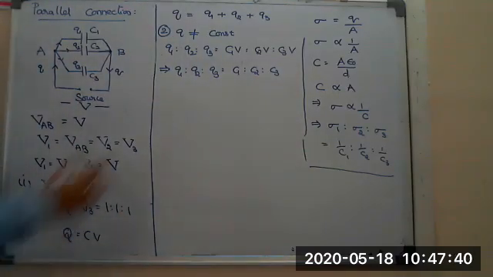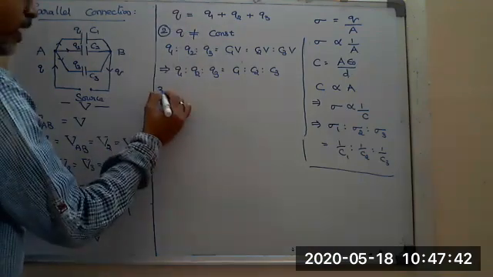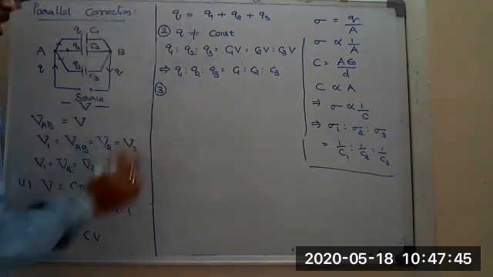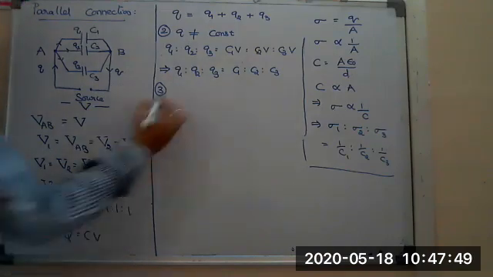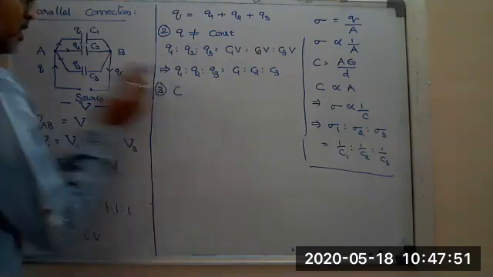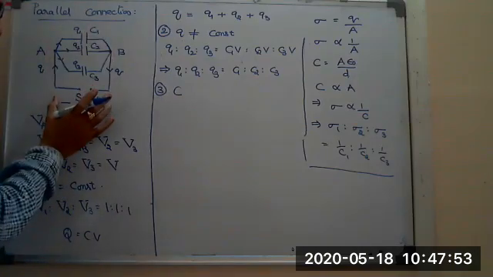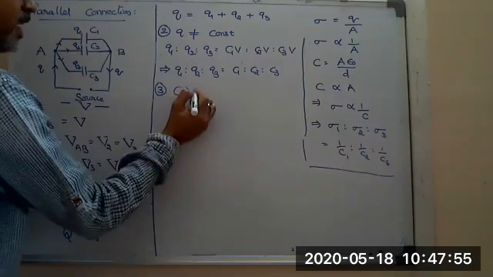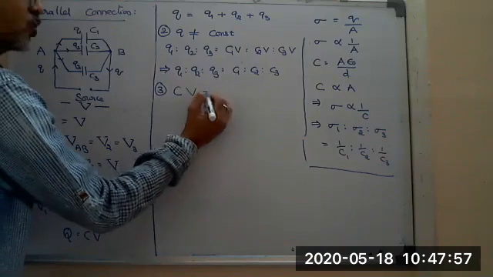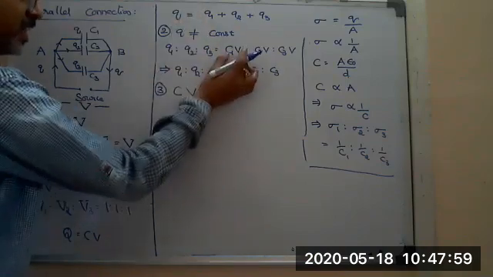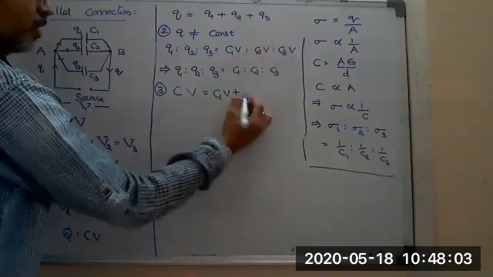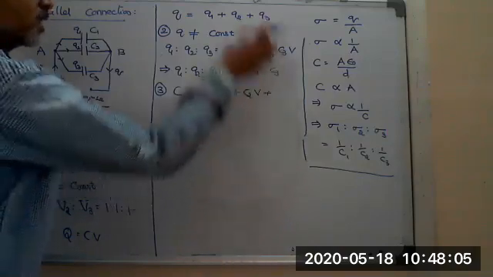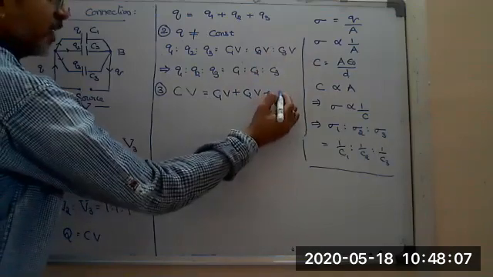And later, from this equation, to find the effective capacity, I can replace Q with the term CV: the total capacity in the circuit times the total potential difference across the ends, CV, equals Q1 plus Q2 plus Q3, which I write in the same way as C1V plus C2V plus C3V.